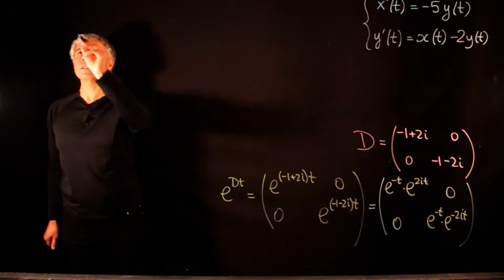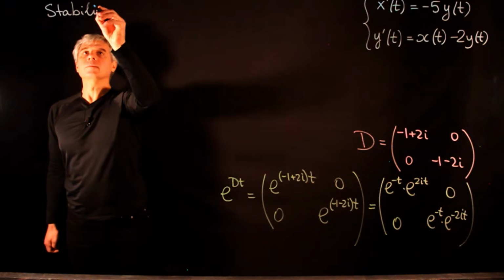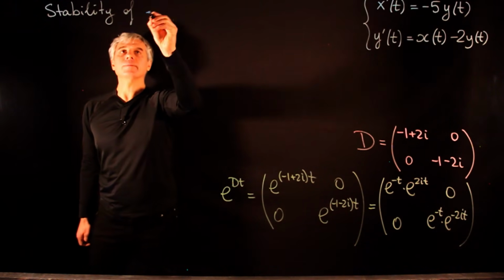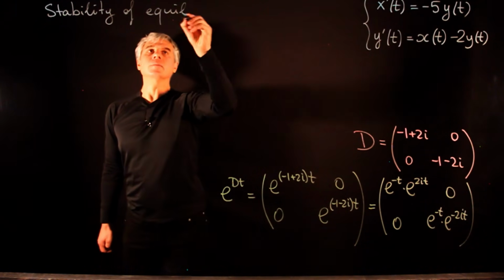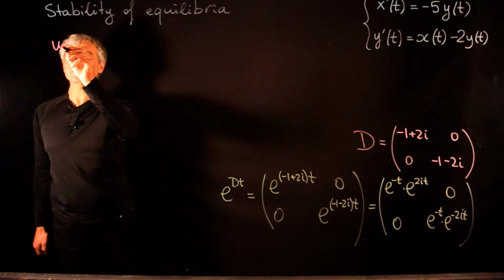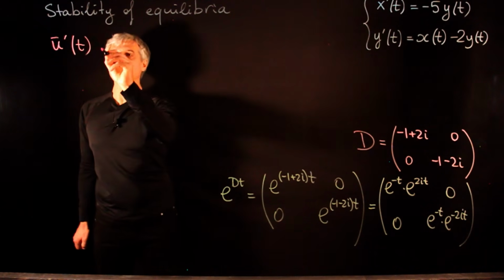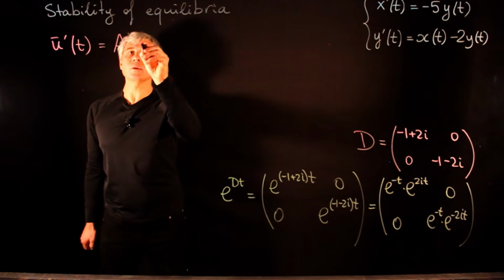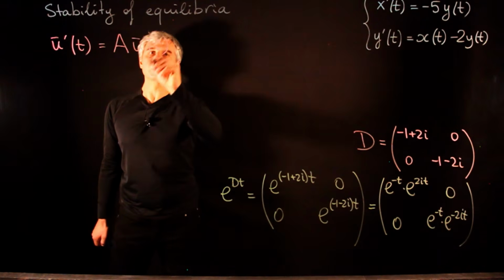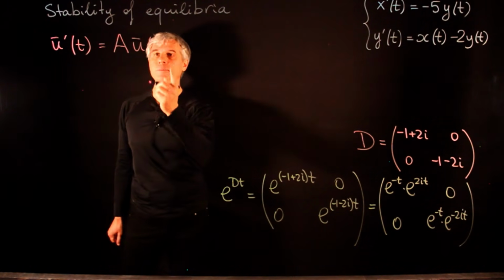In conclusion, let us discuss the topic of stability of equilibria. If we have a system of linear differential equations, u prime is equal to A u of t, then we saw that the set of solutions is a subspace.